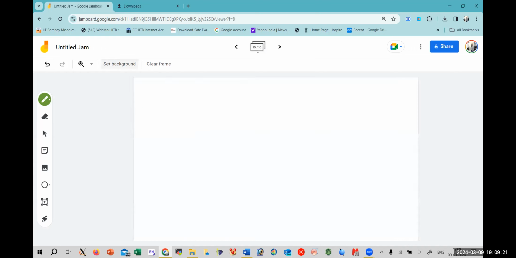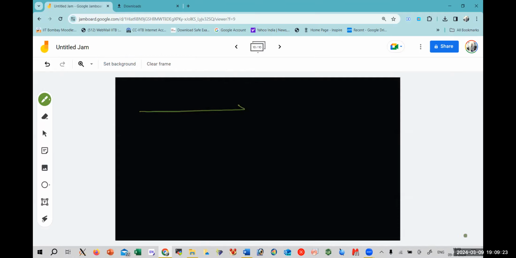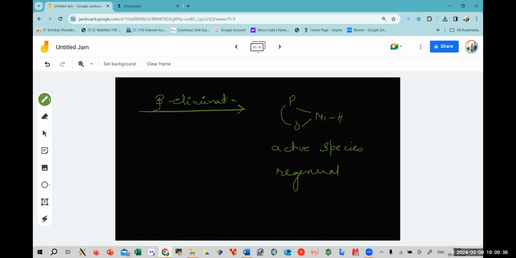And at the end, when we have a very long chain, the beta elimination can occur, and it would give you the active species regenerated. That's your alpha olefin formation.